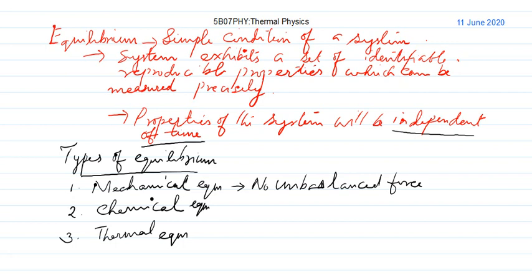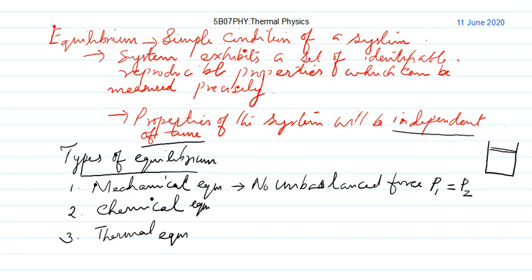And it can be represented by the mathematical condition that the pressure on both sides of the system and the surrounding should be equal. Say you have a simple system, let this be our piston and cylinder.